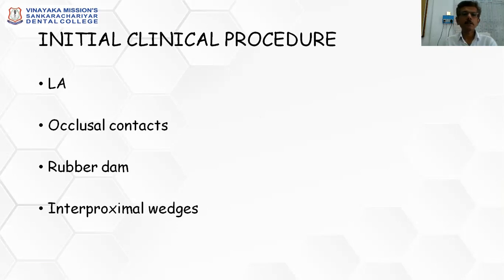Here again, you can give local anesthesia in case the caries is deep. Occlusal contacts: as I said, the significance of occlusion needs to be kept in mind while you are preparing a cavity. As I said for your class 1, when the upper tooth comes in contact with the lower tooth, not all the teeth are joining at the same plane.